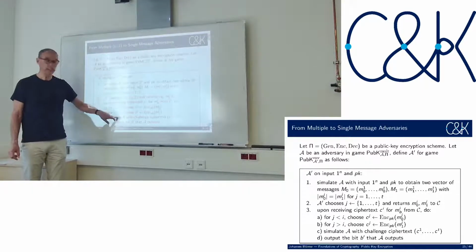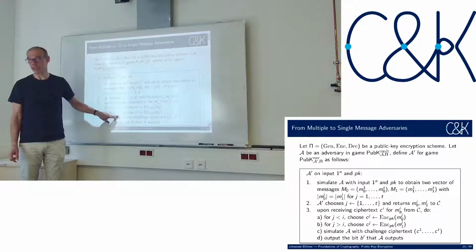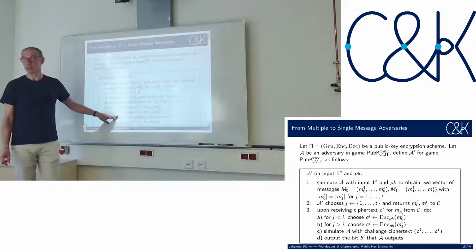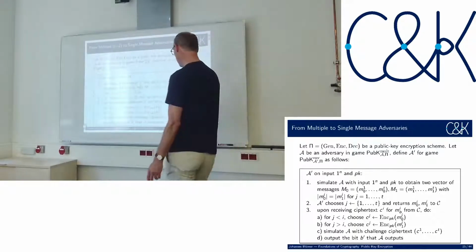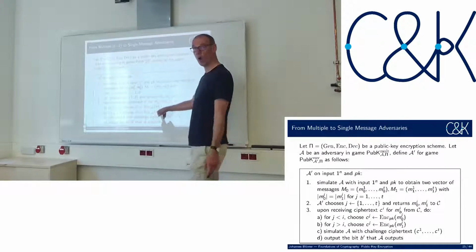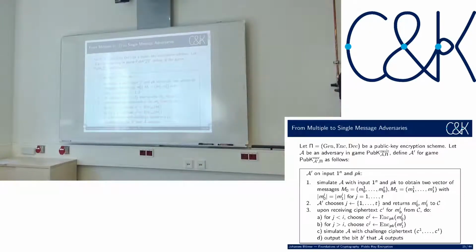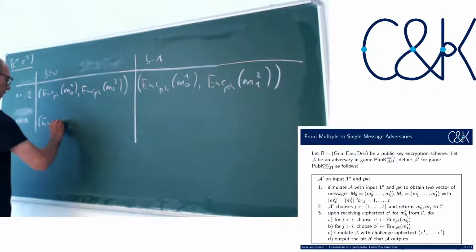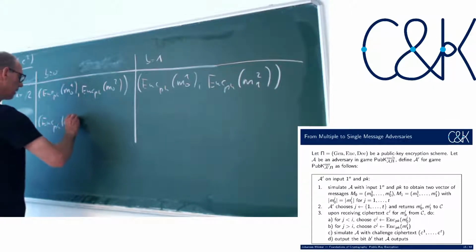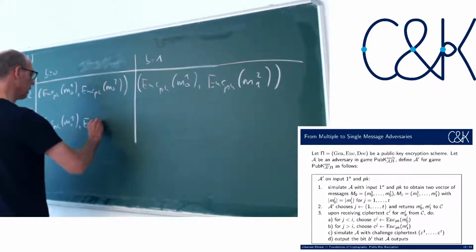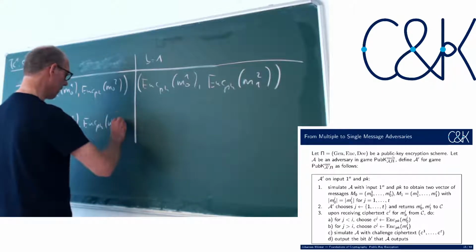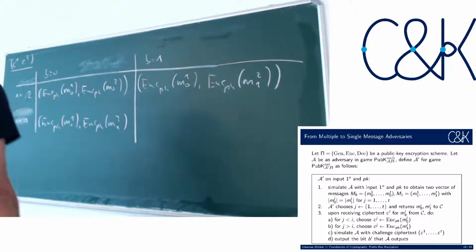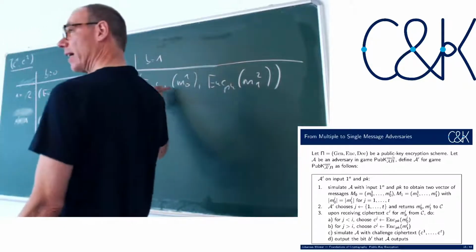So we are immediately in the case j is 2, and for j is 2, I encrypt M12, so the same thing as here.